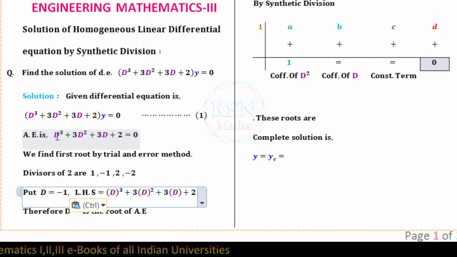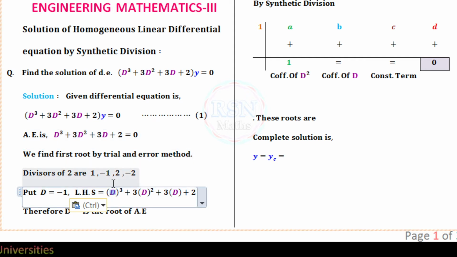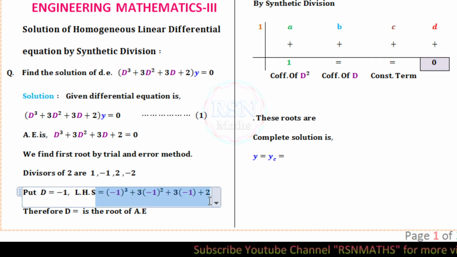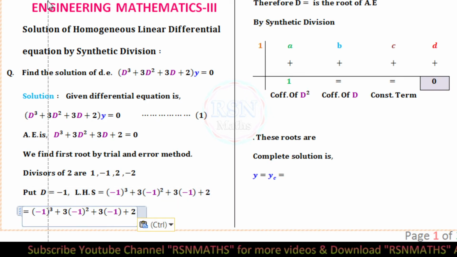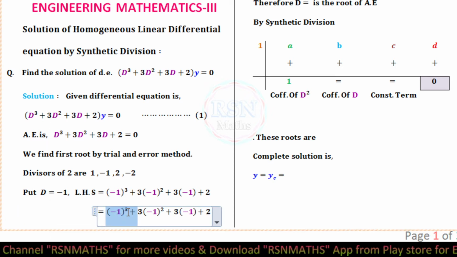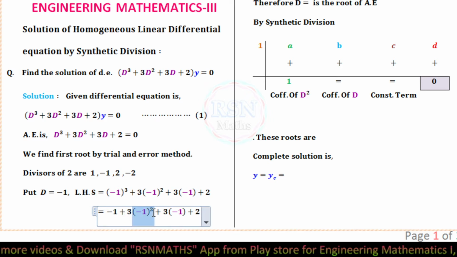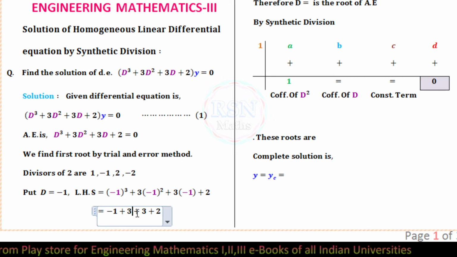In this equation, D cube plus 3D square plus 3D plus 2, now if we use this value, then we get (-1) cube plus 3 into (-1) square plus 3 into (-1) plus 2, and after simplification of this, what can we get? Is this equal to 0 or not? (-1) cube is -1, (-1) square is +1, into 3 is 3, and 3 into -1 is -3, correct?